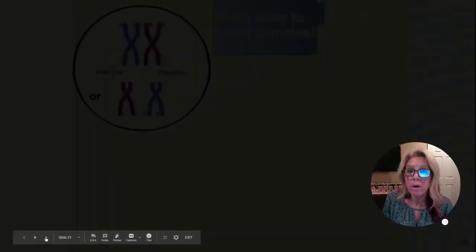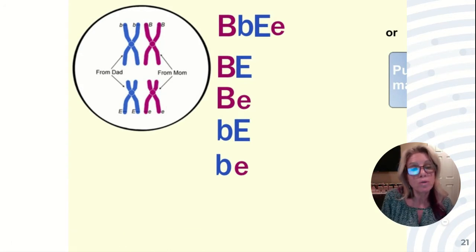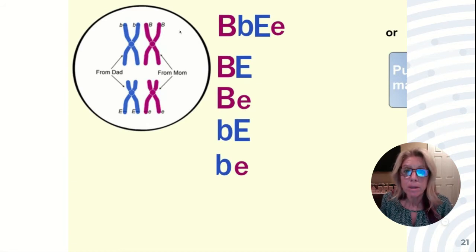So when you analyze that, what I would recommend is you could use FOIL. Do you remember FOIL from math? First, outside, inside, last. So I just put right here the B's, right? This individual has a big B and a little b, and usually you always write the dominant letter first, right? So they have a big B, little b.